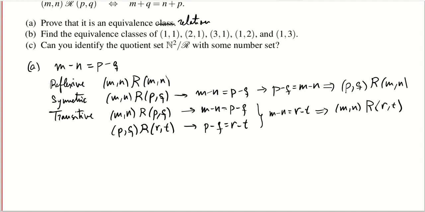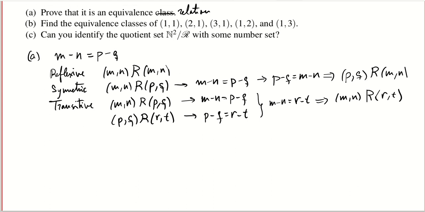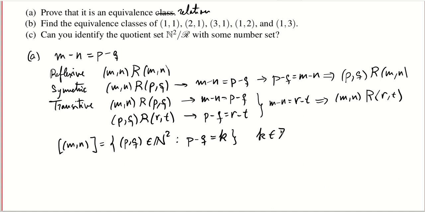Now we have to find the equivalence classes for these numbers. But first of all, we're going to show what the equivalence classes look like. Well, an equivalence class, right, is the set of all pairs (p, q) in N squared such that the difference p minus q is equal to some integer. Okay, some integer.